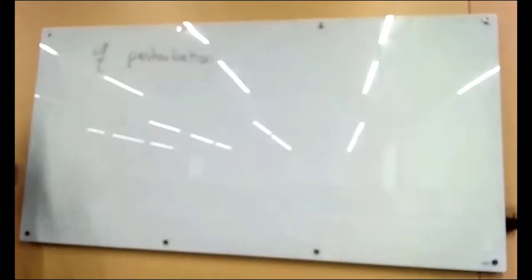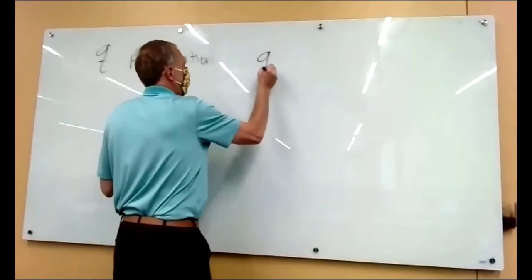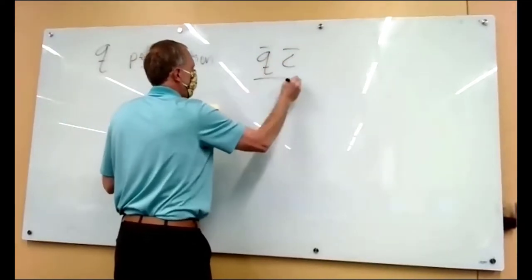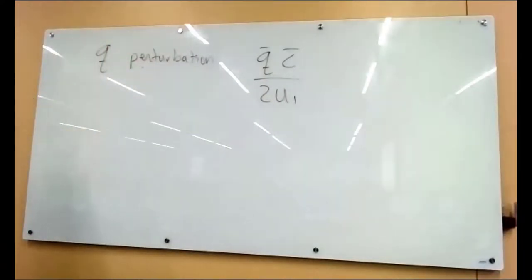And we consider this a perturbation on steady state level flight cruise condition because when we're cruising, we have no pitch rate. And we have this non-dimensional pitch rate. So this is another reduced frequency.